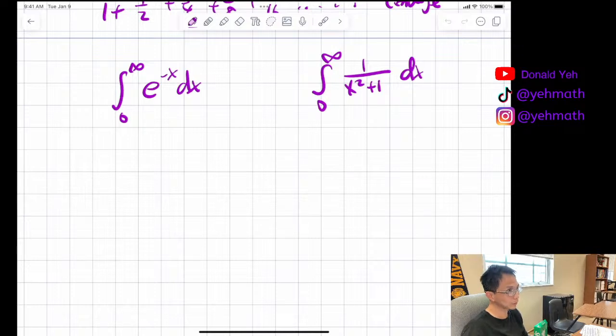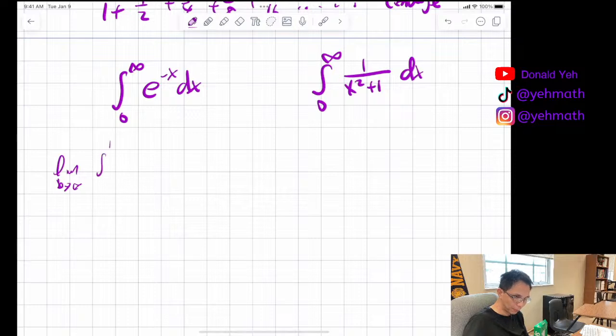Is the first one negative e to the negative infinity? What's e to the negative infinity? It'll be 0. What's arctan? Okay, so for this first one, I'm going to say the limit as b approaches infinity.